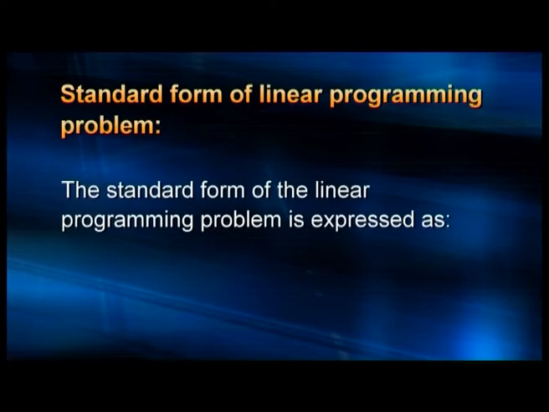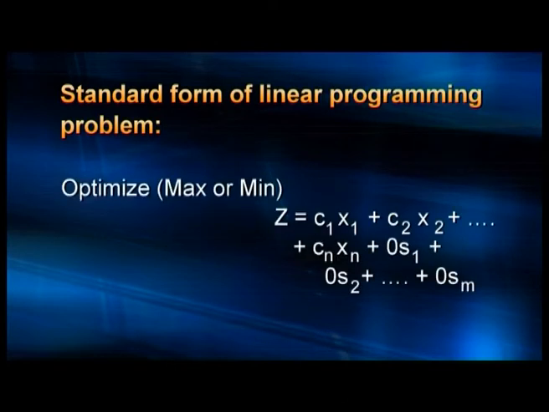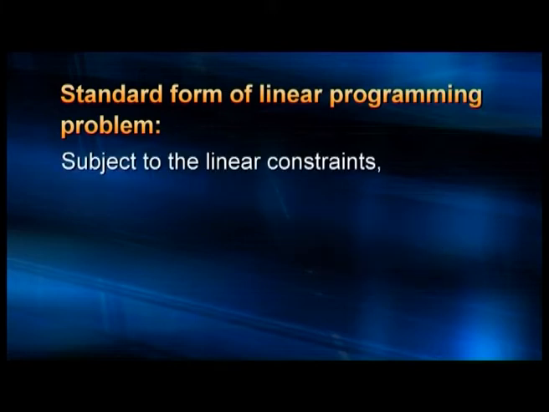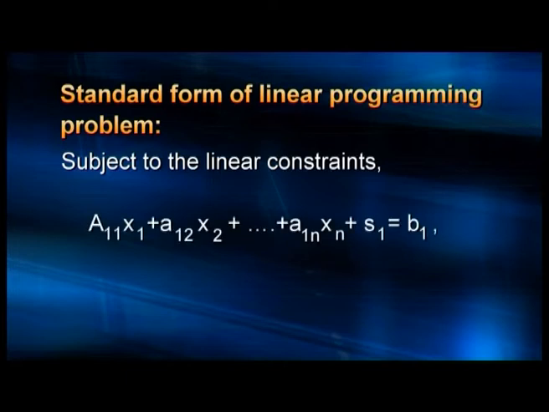The standard form of the linear programming problem is expressed as optimize, maximize or minimize Z = c1 x1 + c2 x2 + ... + cn xn + 0 s1 + 0 s2 + ... + 0 sm, subject to the linear constraints a11 x1 + a12 x2 + ... + a1n xn + s1 = b1.